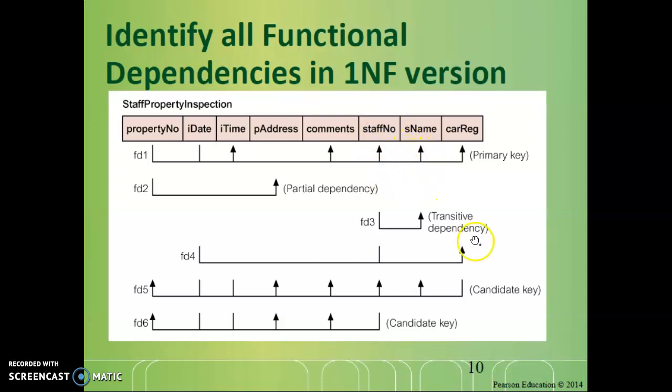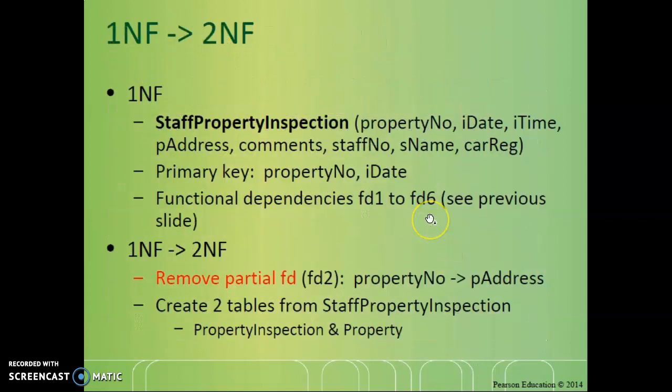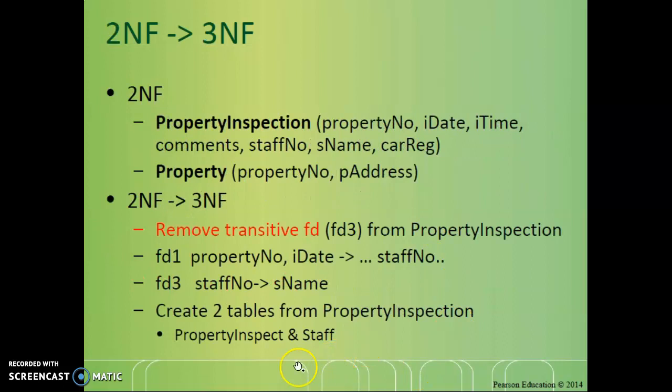Wherever we get a transitive dependency, we identify the attributes, staff number and staff name, separate that, and put it as a new table called staff. So staff contains only two attributes, staff number and staff name. So this transitive dependency is separated as one table.